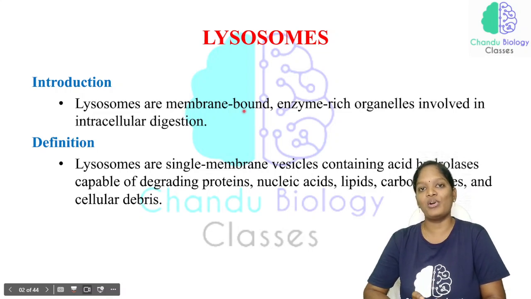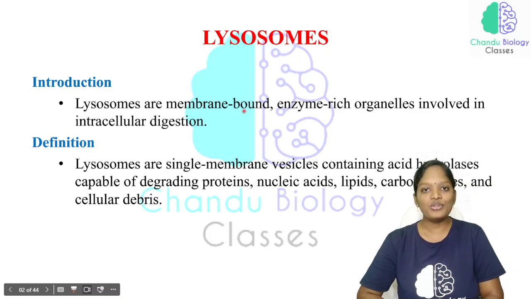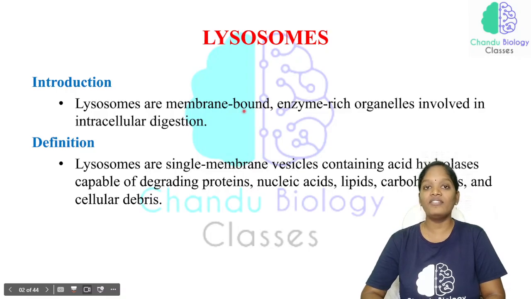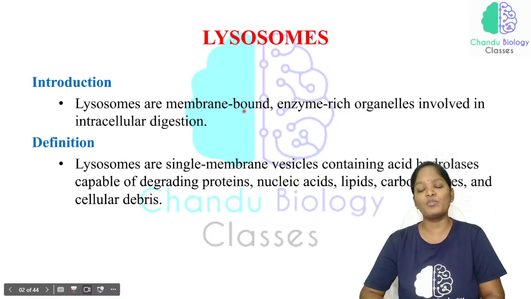This is very important. The lysosome has many important enzymes, which we are going to see, and more enzymes are present in the lysosome. And why does the lysosome have that many enzymes?